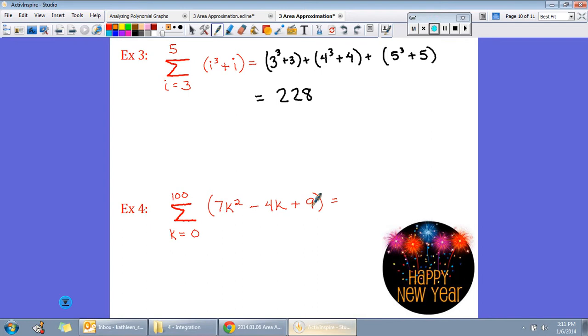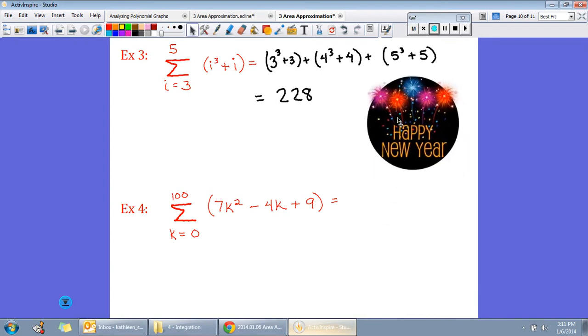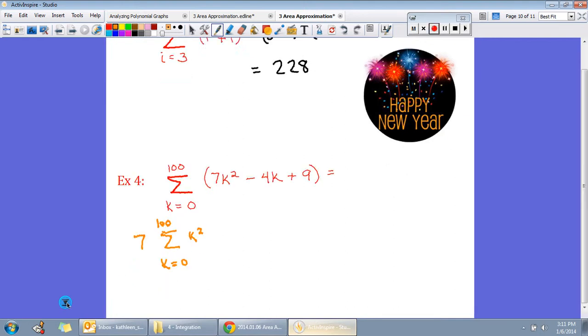But it gets slightly more complicated when you have something like 7k squared minus 4k plus 9. So when we have something like this, what we can do is separate them into different pieces, where we can have the sum from k equals 0 to 100, and then we have k squared here.